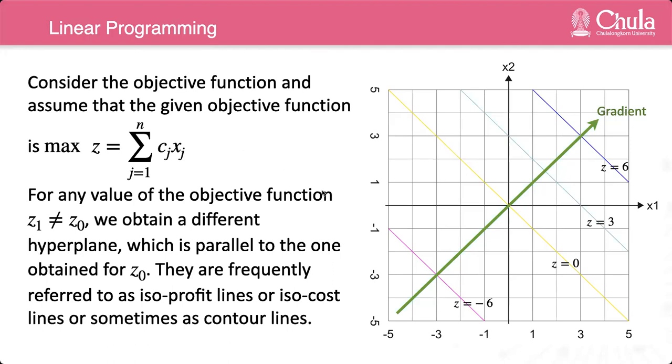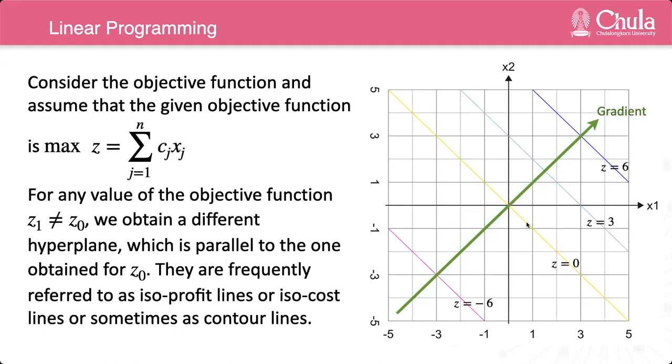For any value of the objective function where z1 does not equal z2, we obtain a different hyperplane, which is parallel to the one obtained for z2. Look at this function: imagine that we are working on a 2-dimension problem.